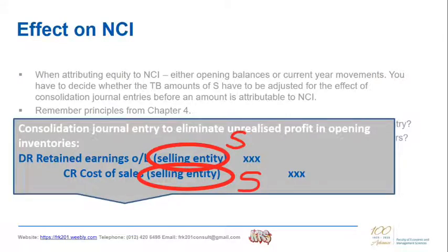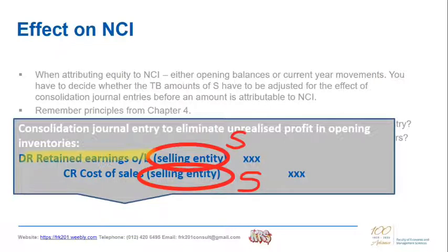And then, if you are changing the retained earnings opening balance of S with this consolidation journal entry, you would also have to consider this when calculating the portion of opening retained earnings attributable to NCI.